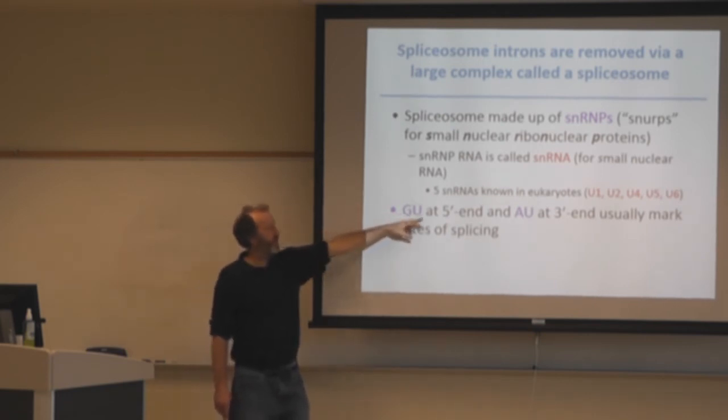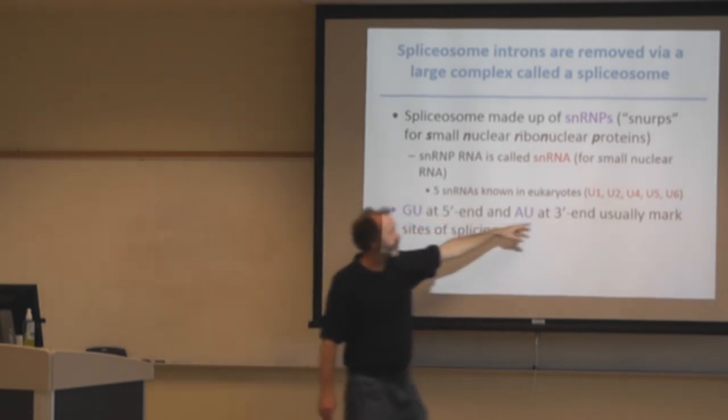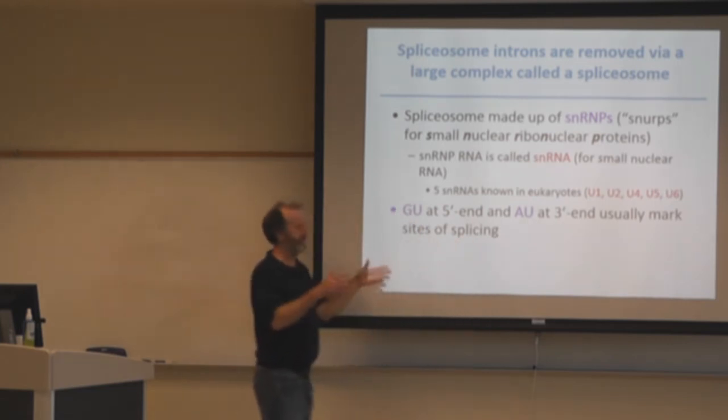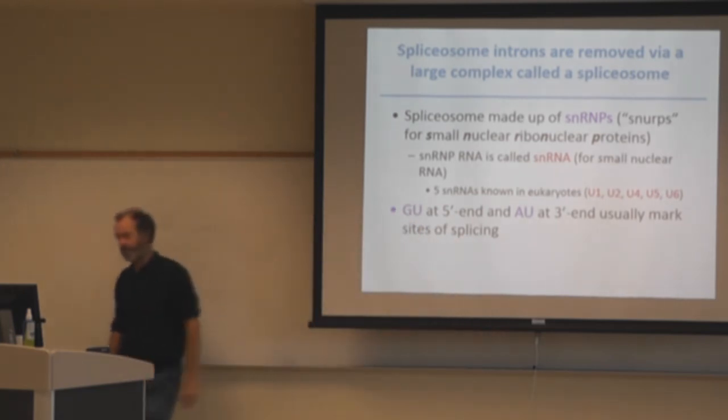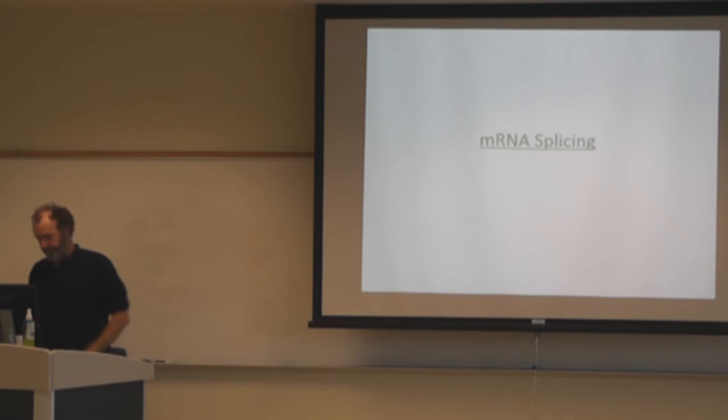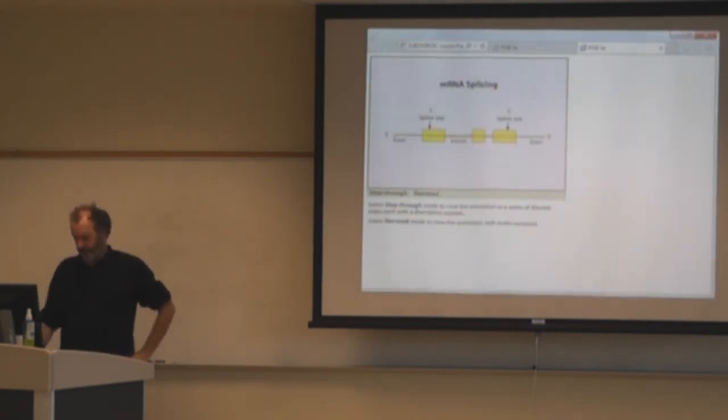The GU at the 5' end and an AG at the 3' end usually mark sites for splicing. So those are conserved sites. Let's look at the animation for that.